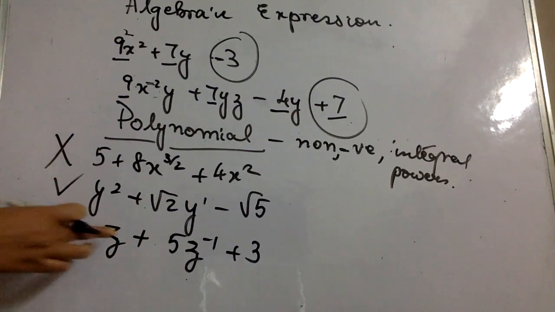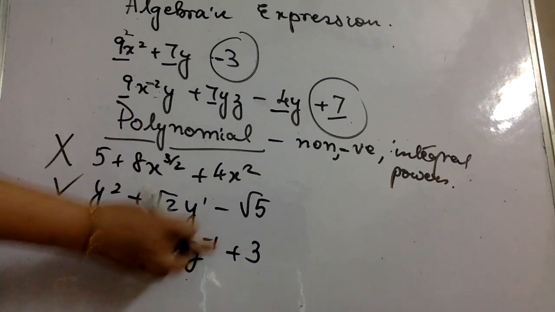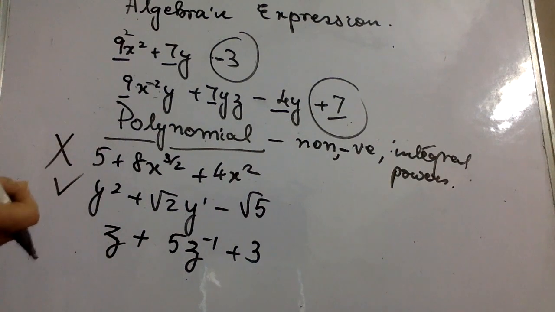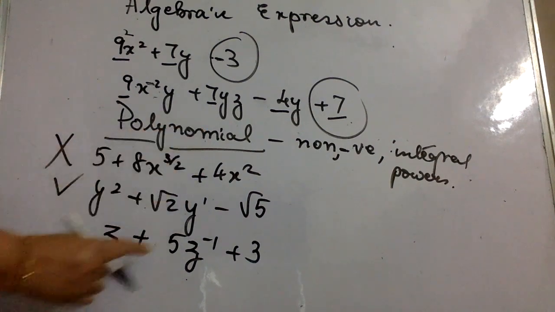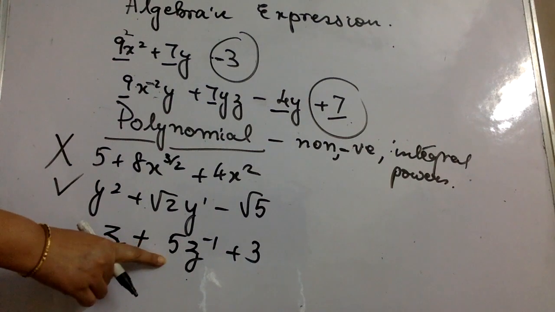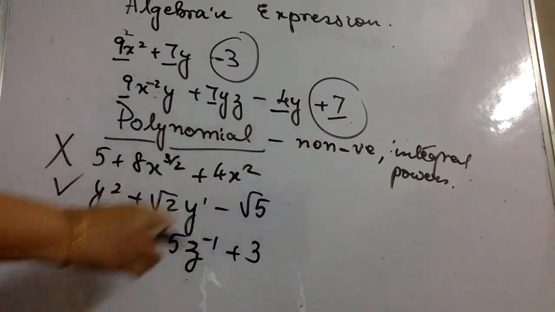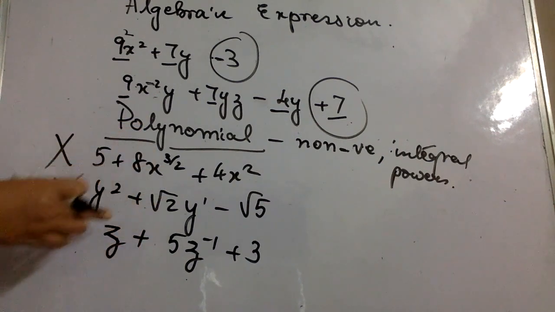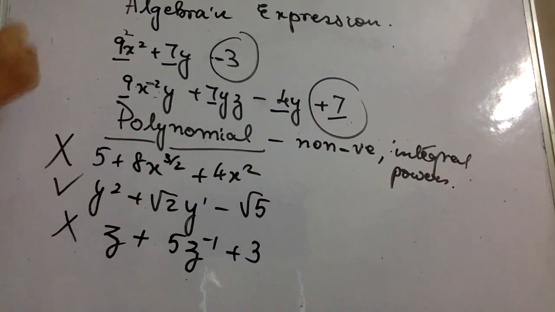Let us see. Look here. This has got a negative power, and only non-negative powers are allowed in the variables. Hence, this is again not a polynomial.